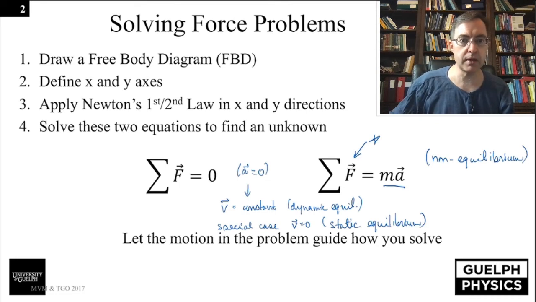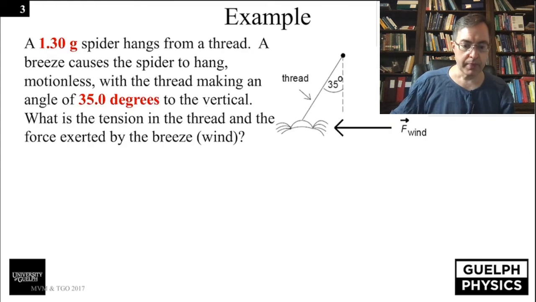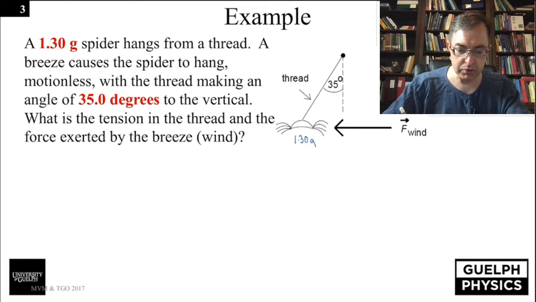Okay, so let's begin with a simple problem. Here we have a 1.30 gram spider hanging from a thread, and a breeze is causing the spider to hang motionless with the thread making an angle of 35 degrees with respect to the vertical.